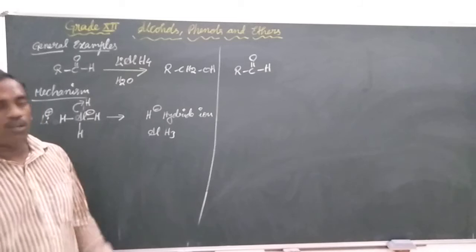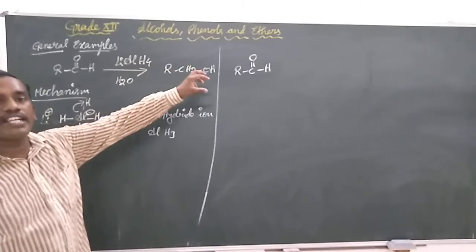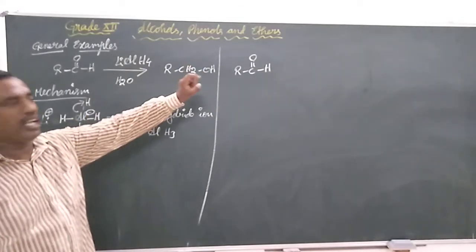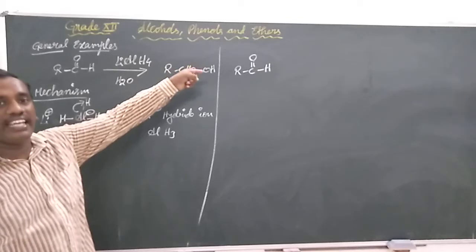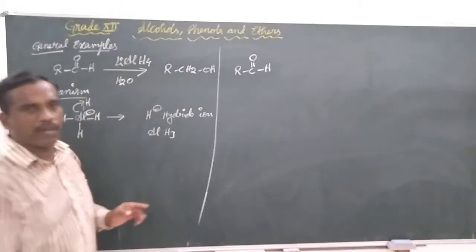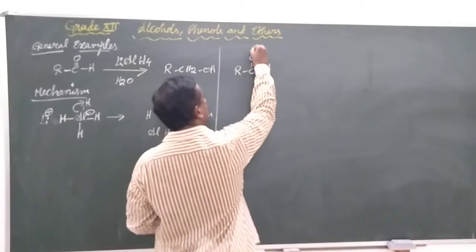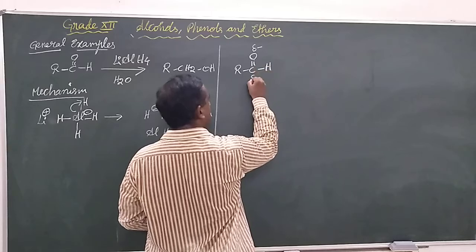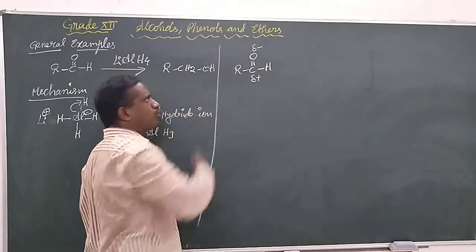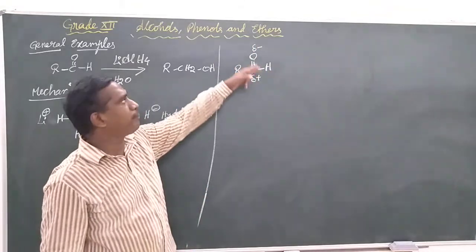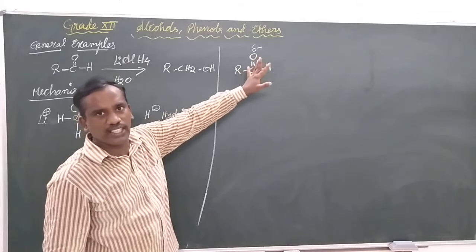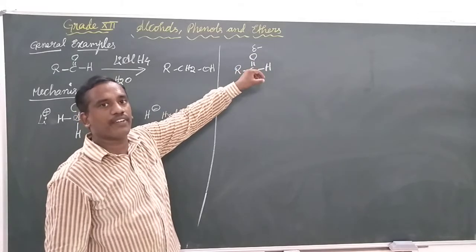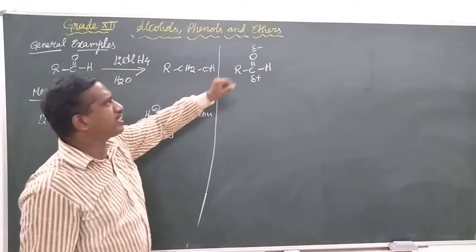When we observe the electronegativities of carbon and oxygen, oxygen is highly electronegative compared to carbon. It is withdrawing electrons towards it, hence it develops a partial positive charge on carbon and a partial negative charge on the oxygen due to the high electronegativity difference of carbon and oxygen.